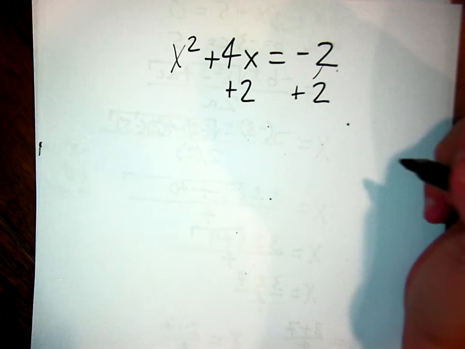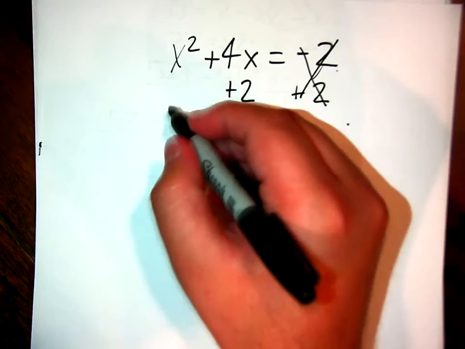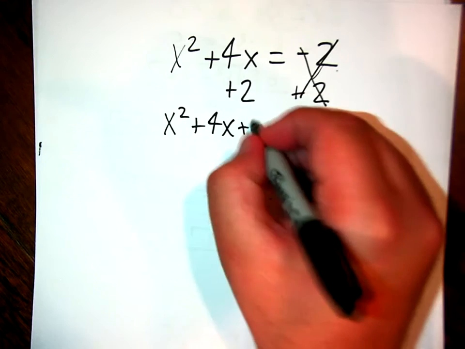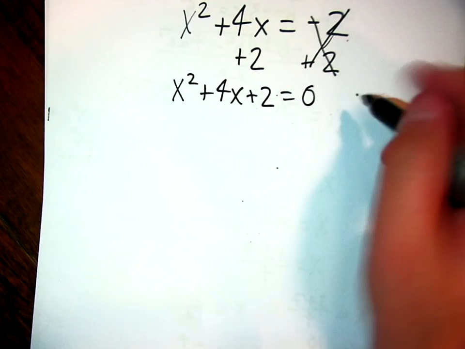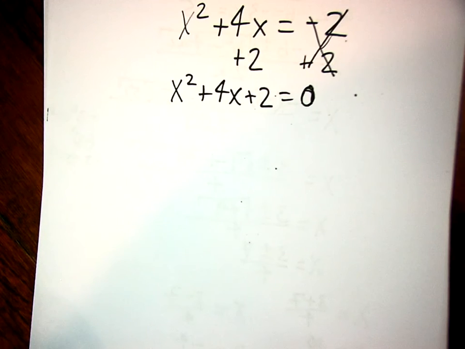Negative 2 plus 2 is just going to give me 0. So I'm going to end up with x squared plus 4x plus 2 equals 0. And now both of our requirements have been met. This is in standard form, and it is equal to 0.